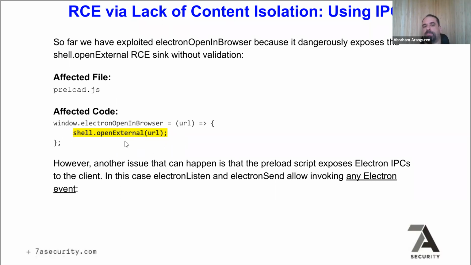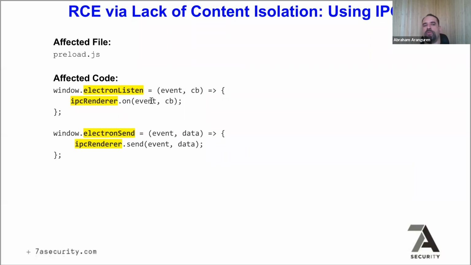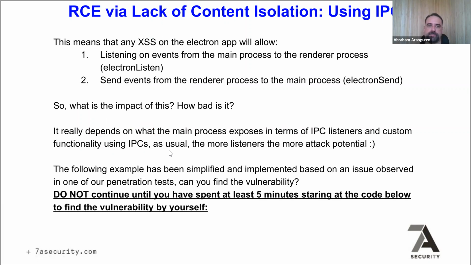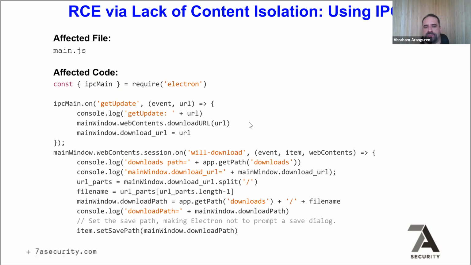You just pass the file URL to this, and then you get code execution without warnings on Windows, for example, right? Other examples could be Electron listen, Electron send, and so on. So this is all bad, because it is exposing these Electron APIs to XSS when there is no context isolation, right? So yeah, this is basically what the application is doing.